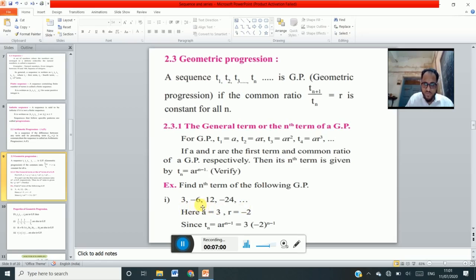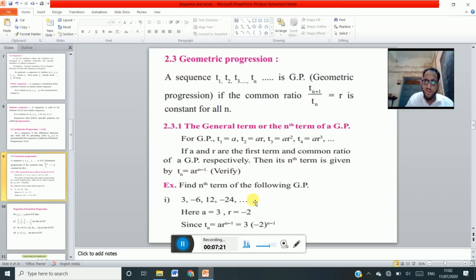Now consider the third term and the second: 12 divided by minus 6 is also minus 2. Consider these two terms: minus 24 by 12 is also minus 2. So that is the common ratio we got, known as R. Therefore this sequence is a GP.